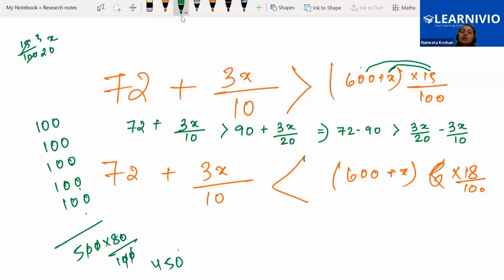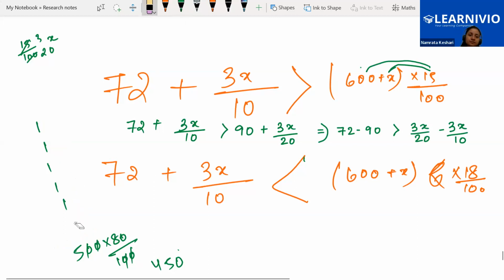Are you able to solve the first inequality, which I have almost done over here? Sajid, Ali, and Alina, are you getting it? What are you getting from the first inequality? Let me know.